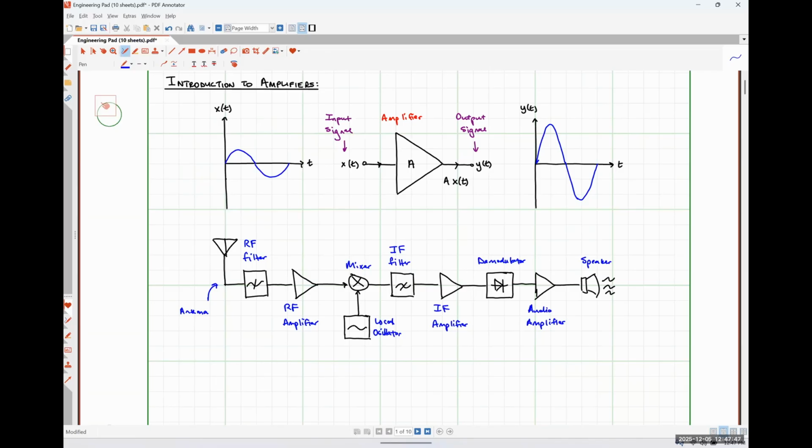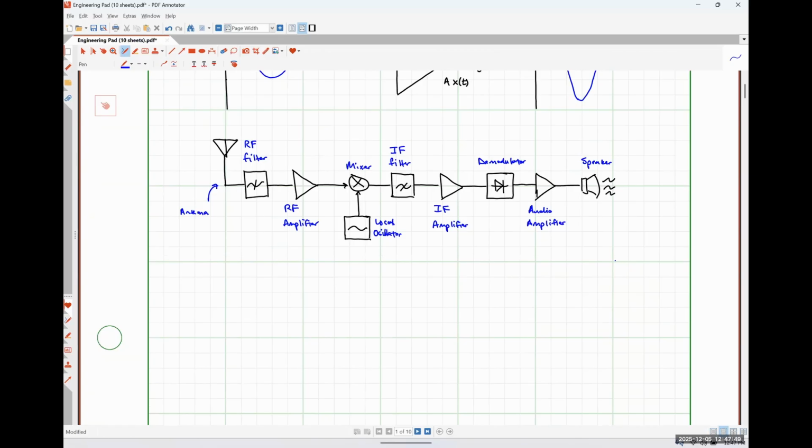So a slightly better representation of our amplifier as a block diagram component would look more like this. Here's my amplifier representation, still just my triangle.